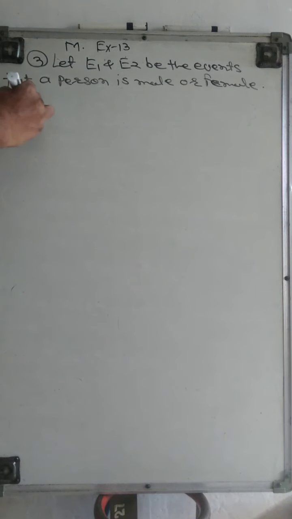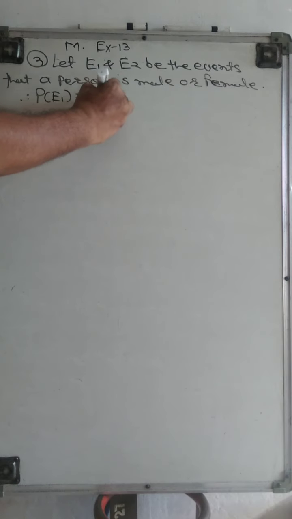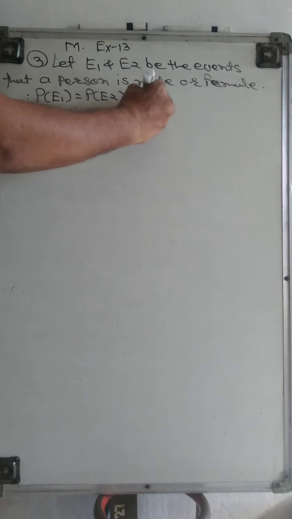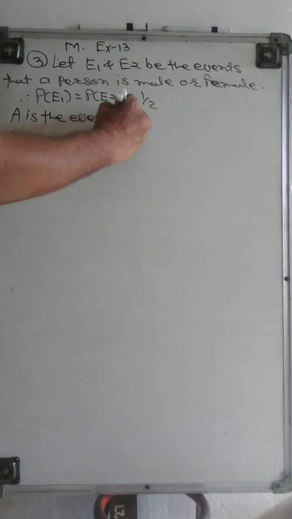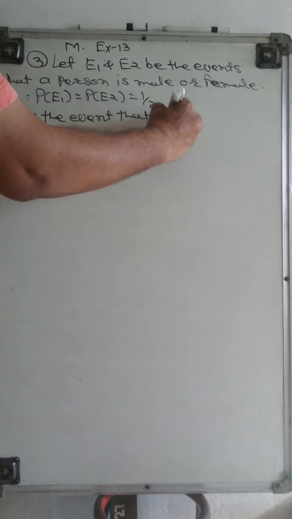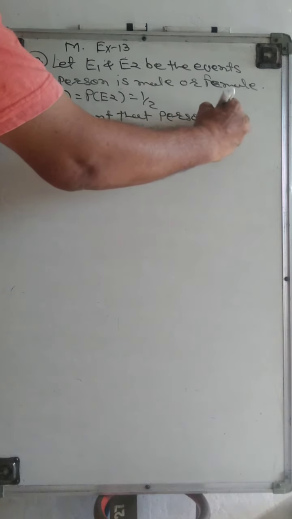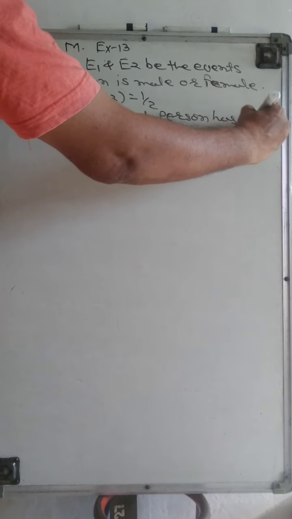Now, therefore, P(E1) is equal to P(E2) is equal to 1/2, means they have equal probability, therefore they are 1/2. Now A is the event that the person has grey hair.